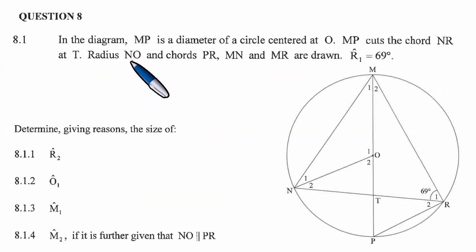In the diagram, MP is the diameter of a circle centered at O. MP cuts the chord NR at T. Radius NO and chords PR, MN and MR are drawn. The angle R1 equals 69 degrees. Determine, giving reasons, the size of the angle R2. This one here.